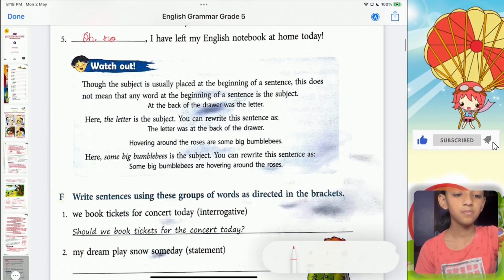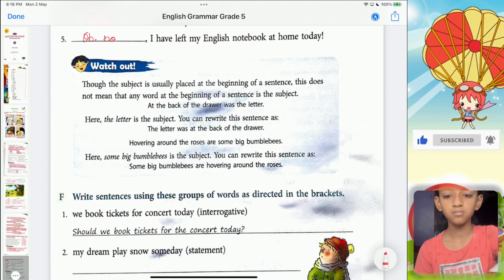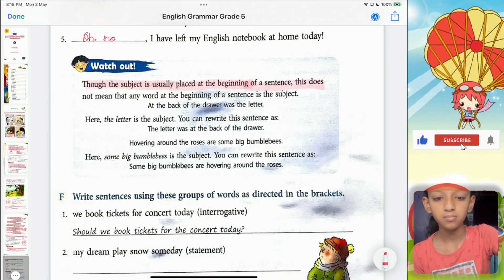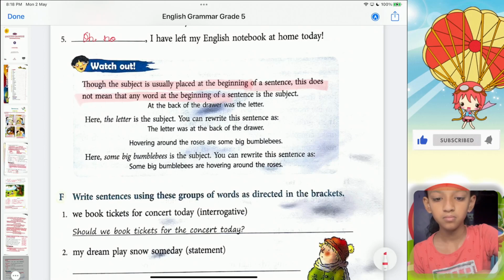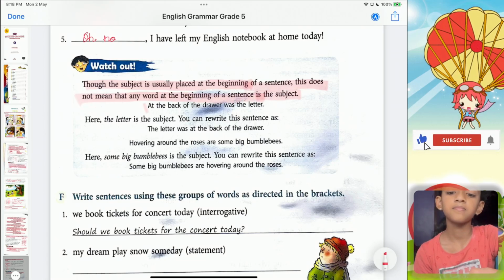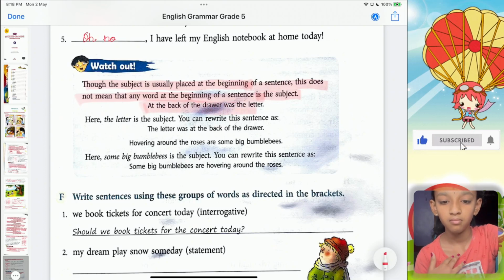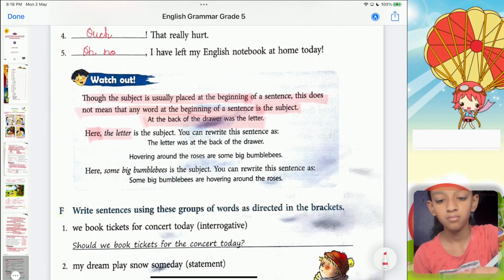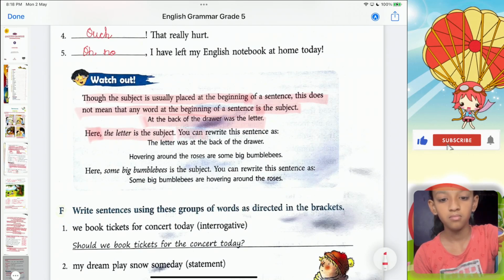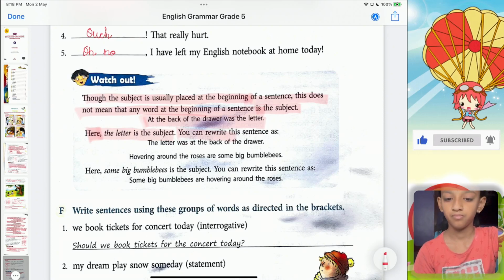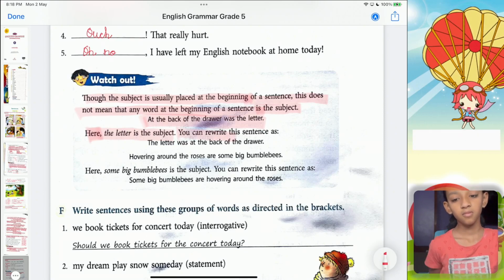Okay, so now you have to watch out. Though the subject is usually placed at the beginning of a sentence, this does not mean that any word at the beginning of a sentence is the subject. So you have an example. At the back of the drawer was the letter. Here the letter is the subject. You can see it's at the end of the sentence, right? It doesn't mean that it has to be at the beginning of the sentence.